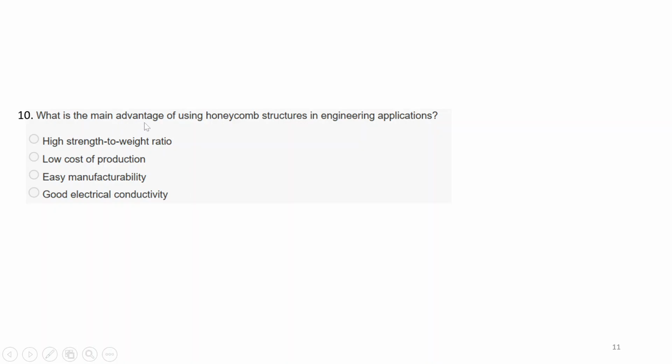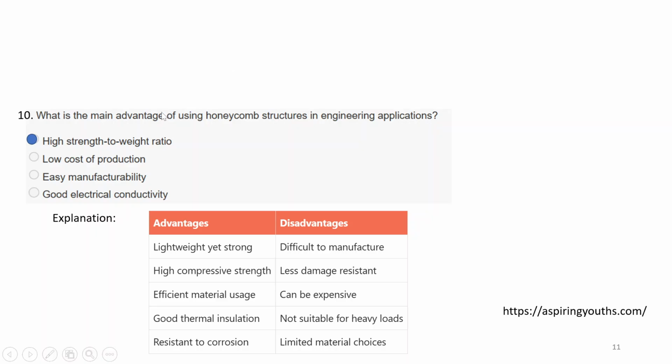What is the main advantage of using honeycomb structure in engineering applications? Your options are high strain to weight ratio, low cost of production, easy manufacturability, good electrical conductivity. Your correct answer will be high strength to weight ratio.